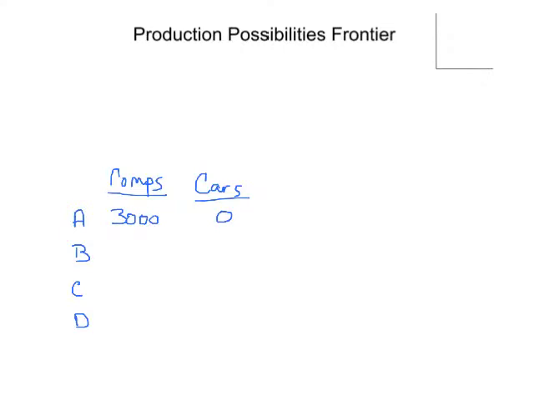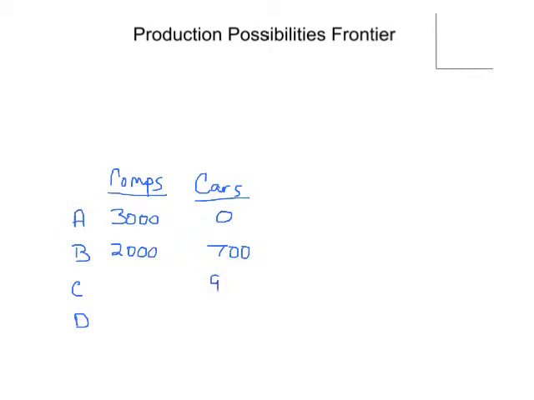All of their resources have been used up producing computers, so they have nothing left over to produce cars. But let's say they want to produce the first 700 cars. Well, they're going to have to give up the production of some computers. So they can produce 2,000 computers if they want to produce 700 cars.